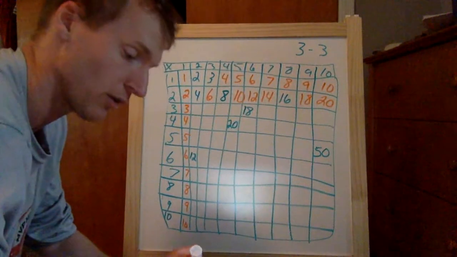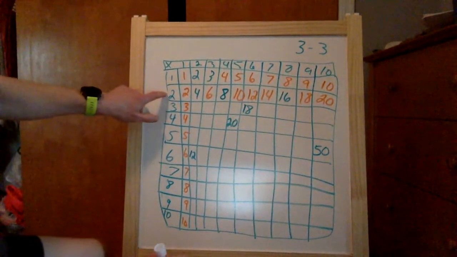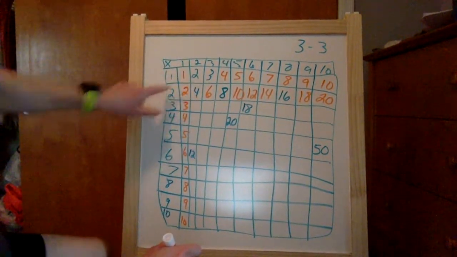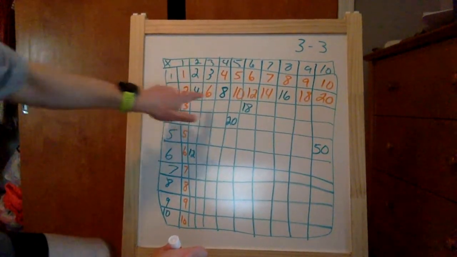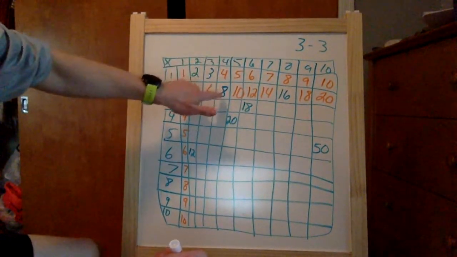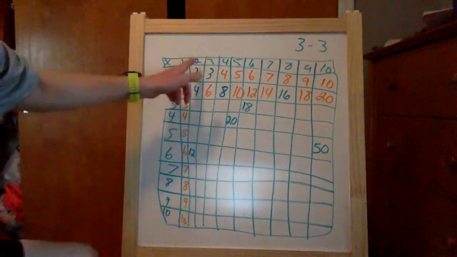And then if you were to go and check to see whether it was correct, 2 times 2 is 4. 3 times 2 is 6. 2 times 4 is 8.